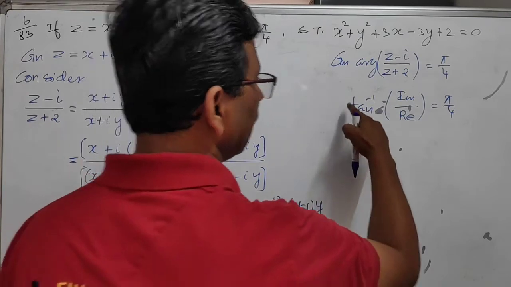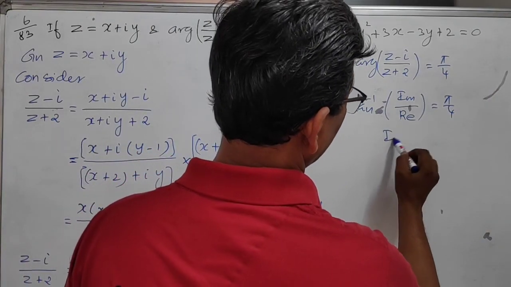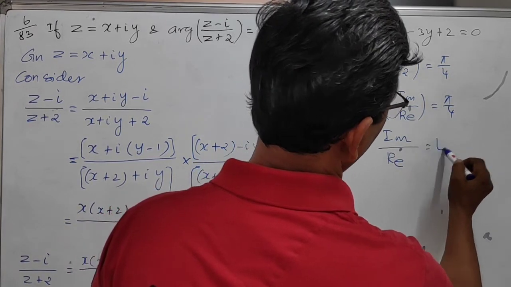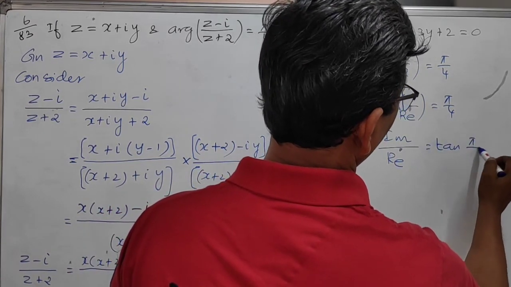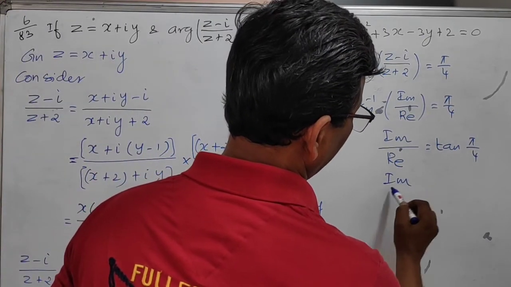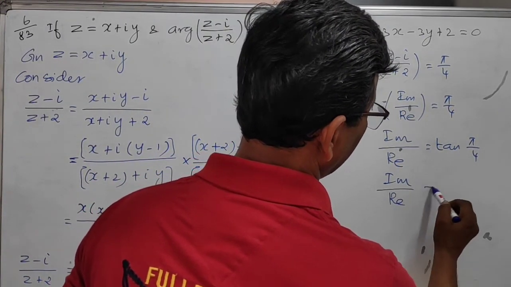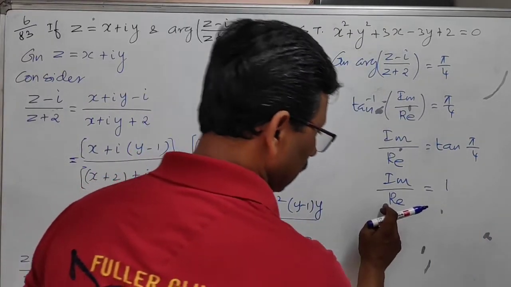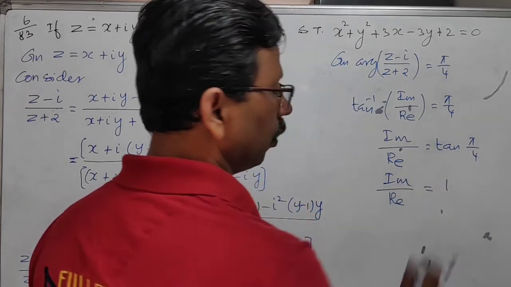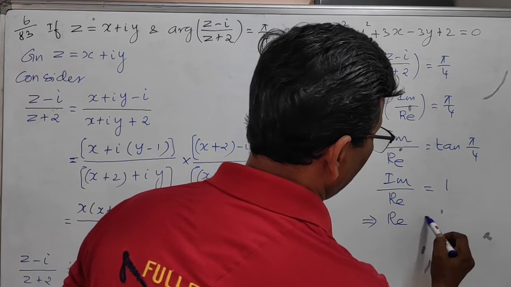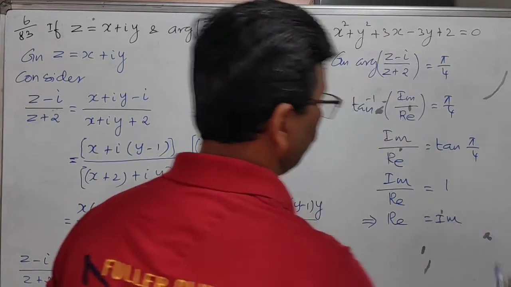Now take this tan inverse to the right hand side, then you get imaginary part by real part equals tan pi by 4, which is nothing but 1. From this we can say the real part is equal to the imaginary part.